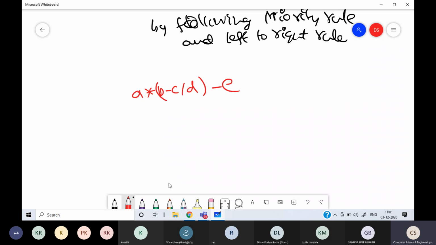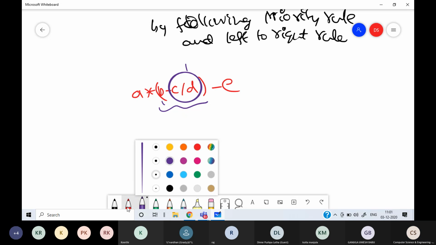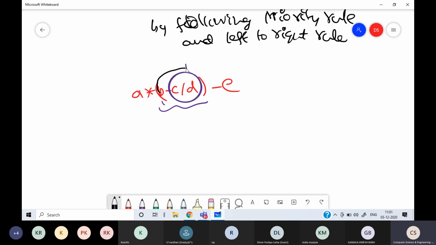First the part within the brackets is evaluated. This is the first operation. Then this is evaluated next, the second evaluation. Then this is the multiplication, the third evaluation. Finally, minus c is performed. This is how the arithmetic expression is evaluated.